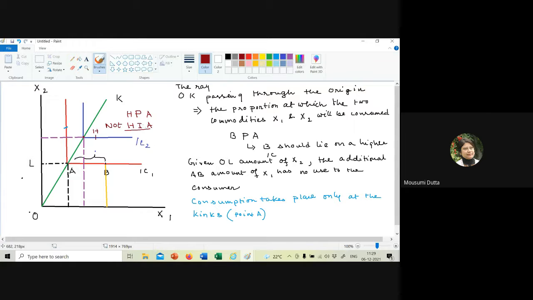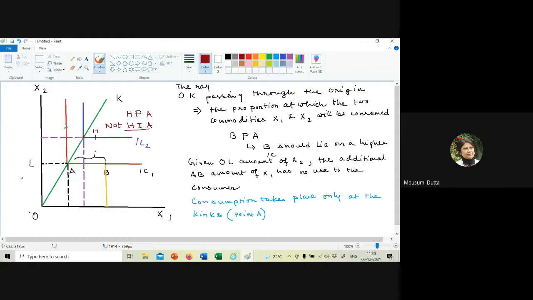OK is not at all an indifference curve. It is connecting only the points of consumption. So consumption will follow this proportion. OK is indicating the proportion at which the two commodities will be consumed. So it cannot be the indifference curve because along OK, the points are either preferred to, or not preferred to. I think you got the point.